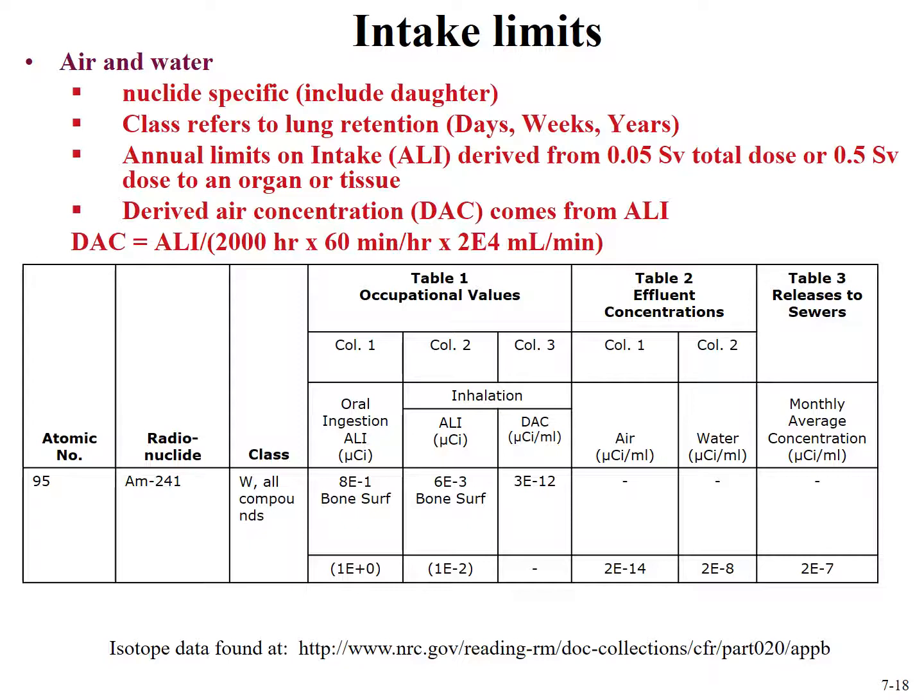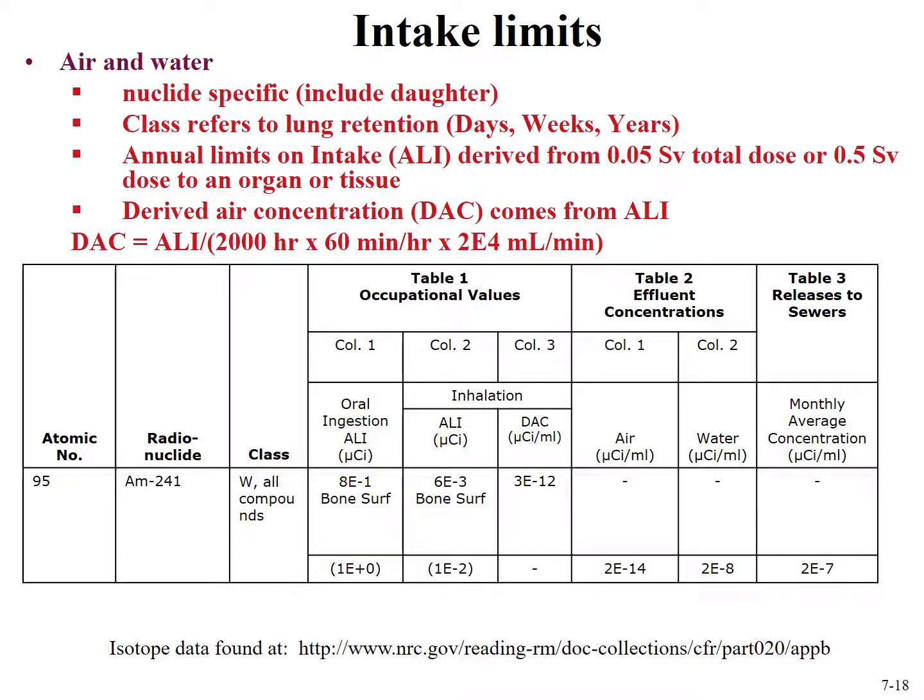Based upon allowed limits, one can start to explore the limits for given radionuclides based upon their decay and biological behavior. This information is available from this NRC website. You can go here and find out the occupational limits for any radionuclide, including the ones that we work with.